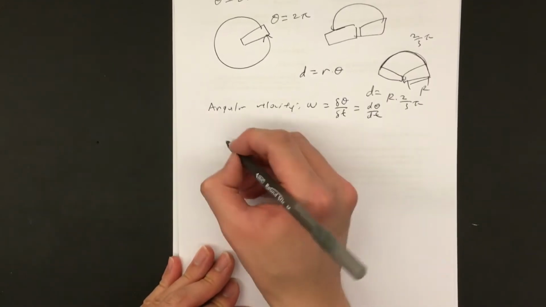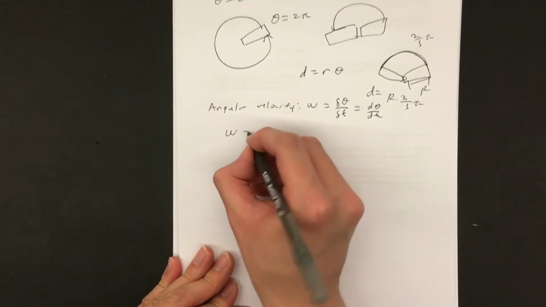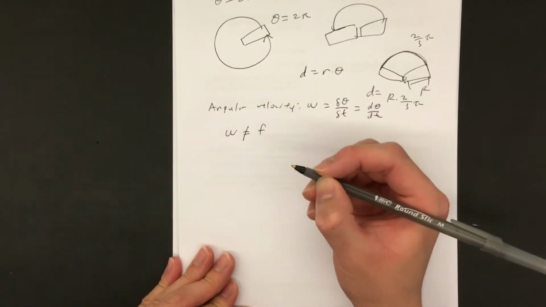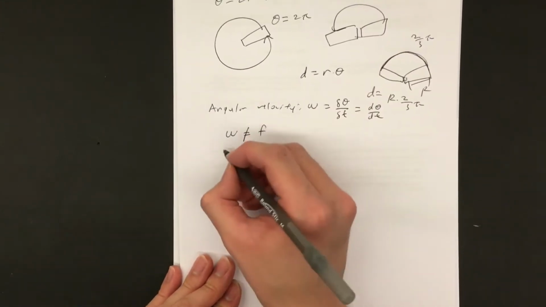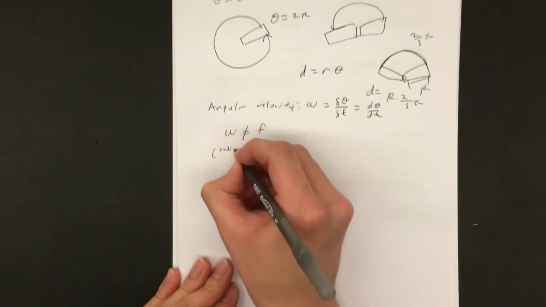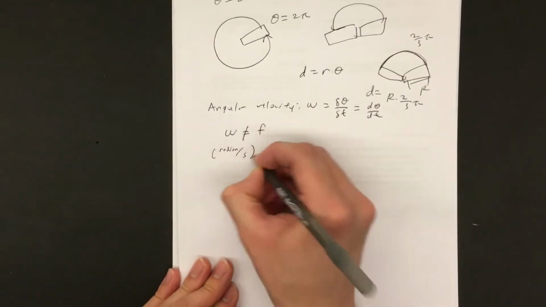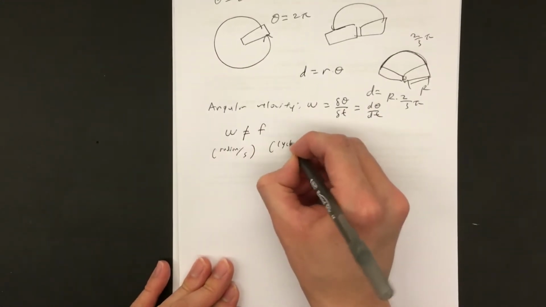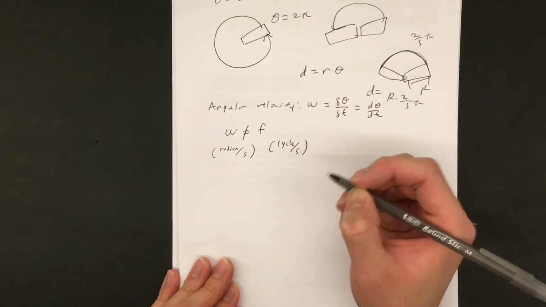One thing to note is that angular velocity omega is different from frequency, in which the unit of angular velocity is radians per second, while for frequency it is cycles per second.